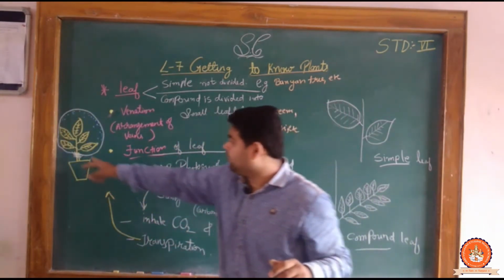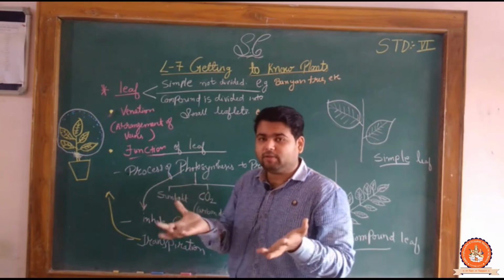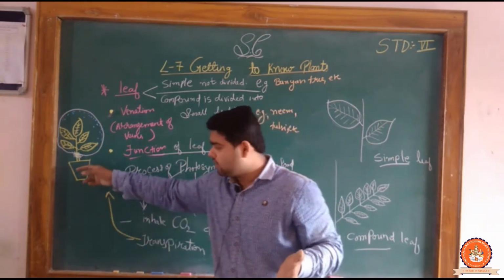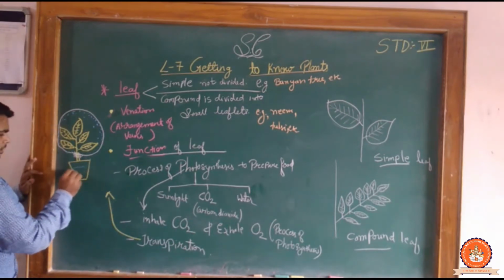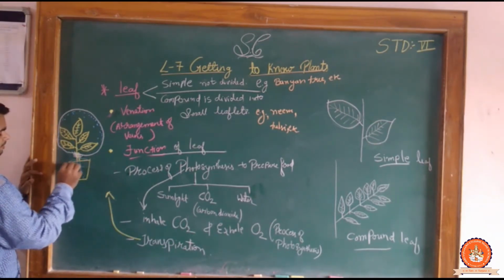Sir, with the use of the plant, because the plant has water, they are taking the water from the portion of the roots. Clear? There is water here because in the morning we pour water.